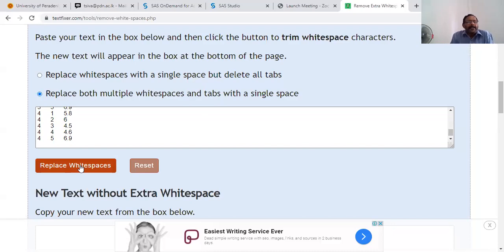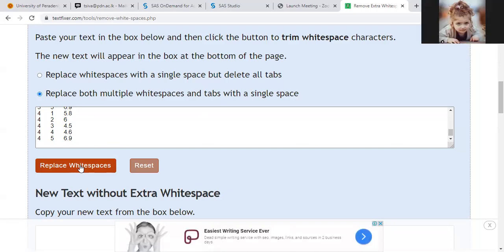There is an icon to be pressed called replace white spaces. Is it okay? Yes, sir. Remove or replace white spaces.